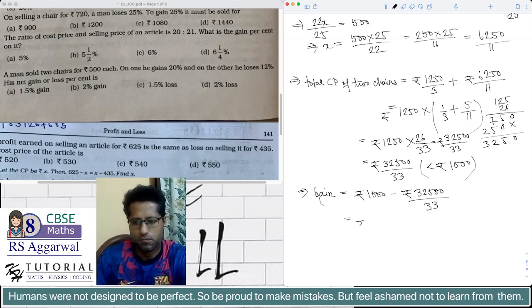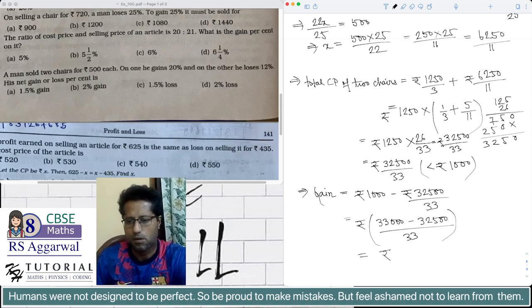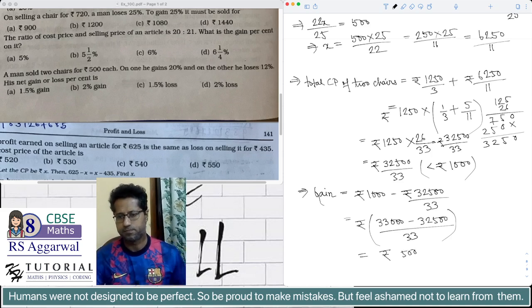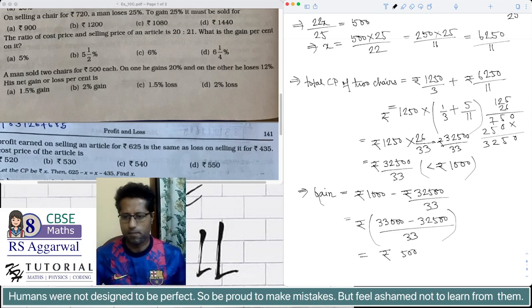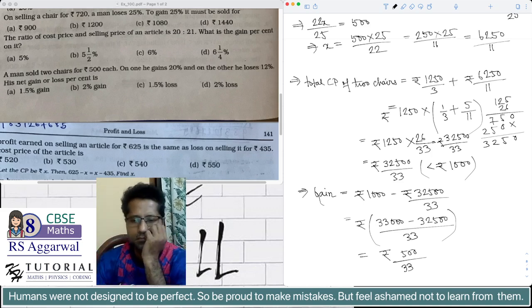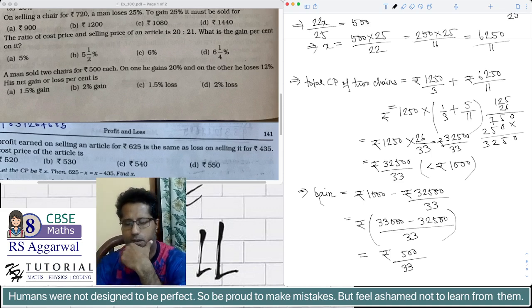This is equal to rupees 33000 minus 32500 divided by 33, which is rupees 500 by 33. So the gain is rupees 500 by 33.